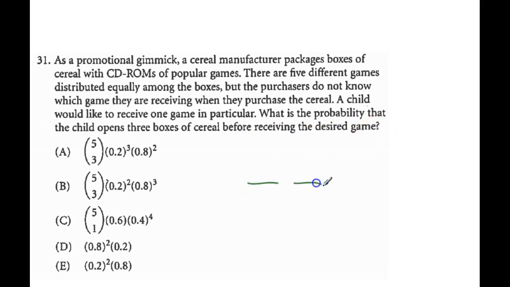So you kind of look at it this way. The first 2 boxes, no game. So it doesn't work out. Doesn't work out. And yes, he gets the game he wants. So you just think through the probability of that happening. What's the probability of not getting the game? There are 5 different games, and only one of them is the one he wants.